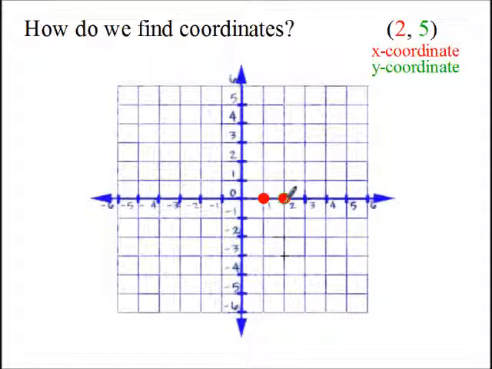Starting at 2 this time, since we've already shifted for the x, we're going to count up 5. 1, 2, 3, 4, and 5. Thus, our spot for this coordinate is right here at the point 2, 5.